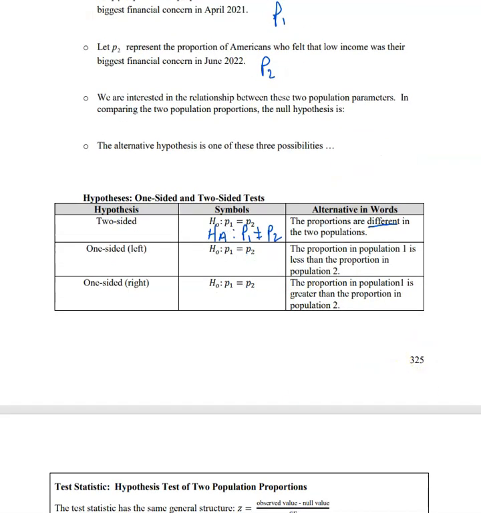A left-sided hypothesis test, so then in that case, the alternative would be the population for P1 is less than P2. So P1 is less than P2. And then the right-sided test, the alternative would be that the population for P1 is greater than P2. And those are going to be the three scenarios we'd be working with.